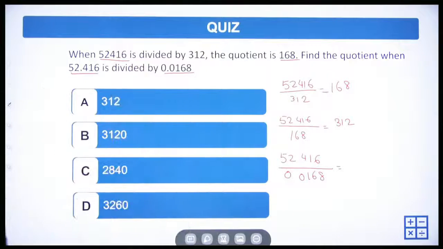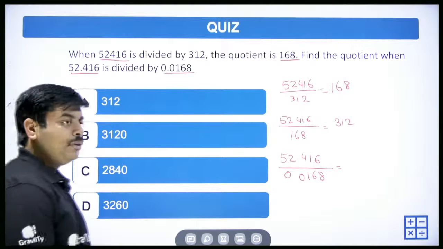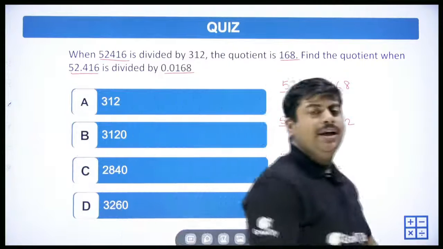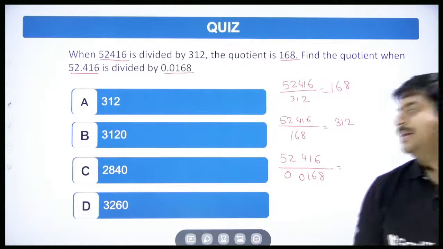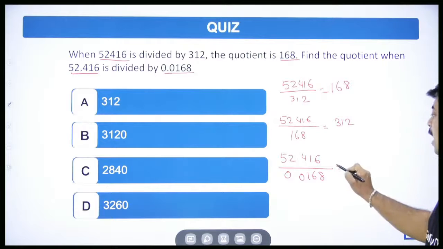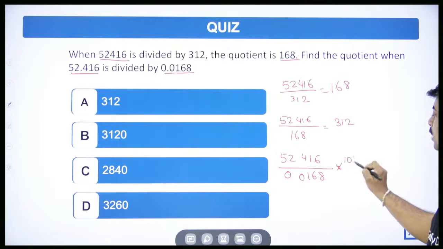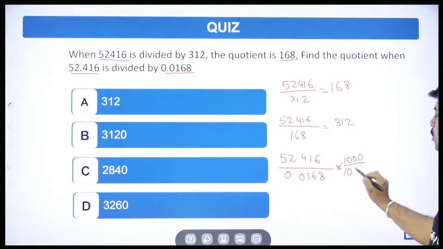In the numerator we shifted the decimal by 3 places, whereas in the denominator we shifted by 4 places. So both are not the same, and we need to take care of that. How can we eliminate decimals? Let's say I multiply by 1000. Why am I doing this?